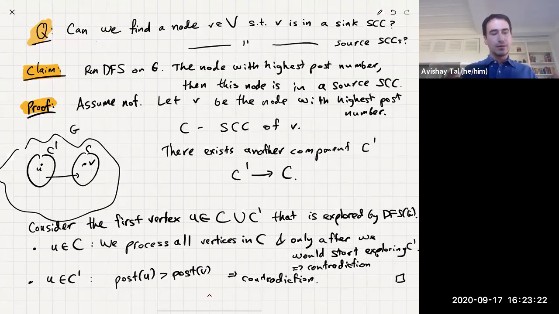We reveal all the nodes in C prime because they are reachable from U, and also all nodes in C because they are also reachable from U, right? And once we process all of them, only after we process all of them, we're gonna post-process U, and the post number of U would be the highest among all C and C prime. In particular, it will be higher than the post number of V, and this is a contradiction.